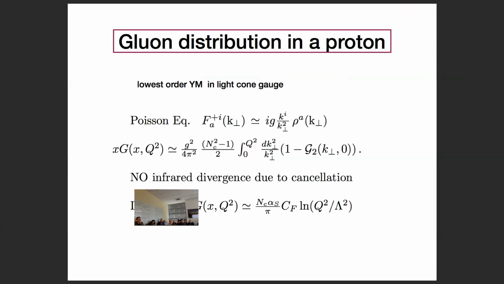Okay, this is also a standard answer, but in the language of small x, first you have an eikonal coupling, yes. But then in small x you have only the transverse momentum of this gluon which is attached.